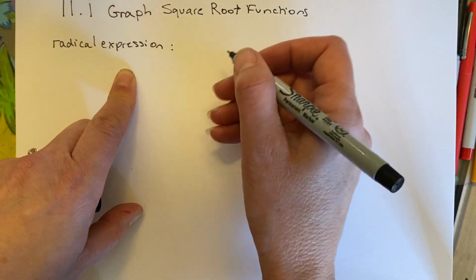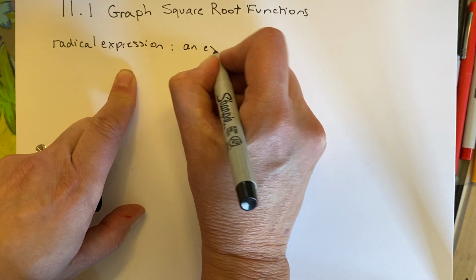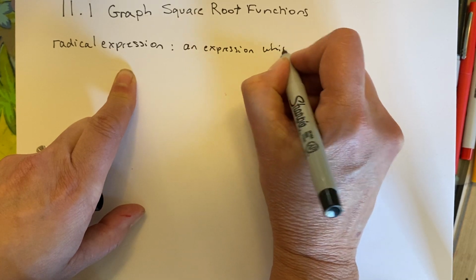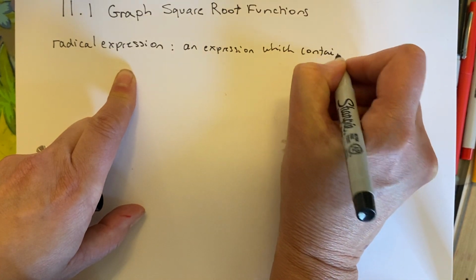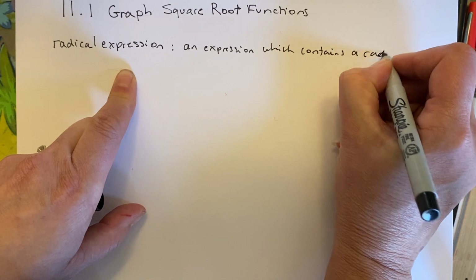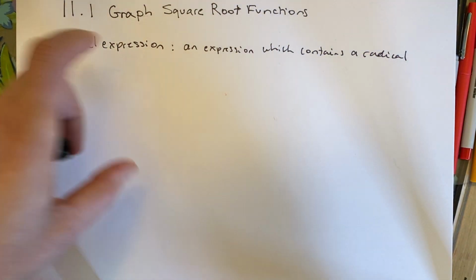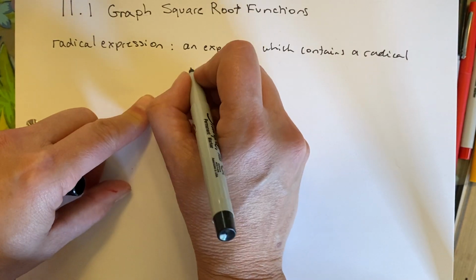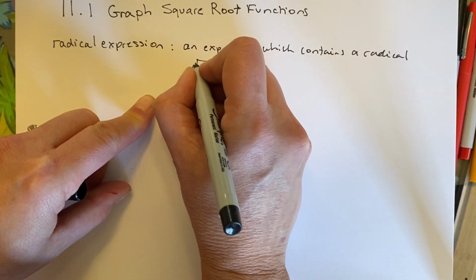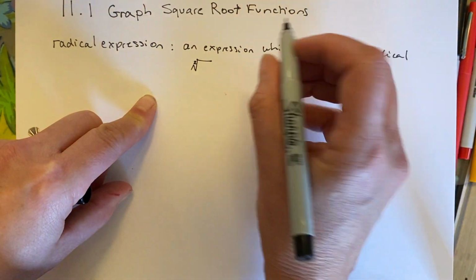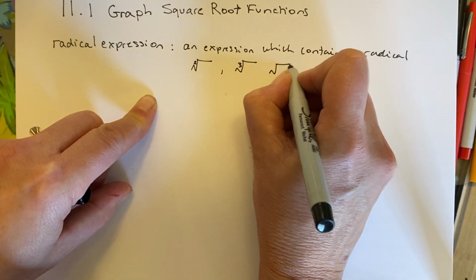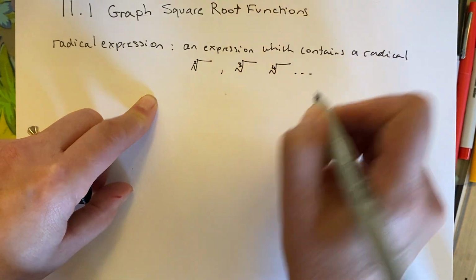A radical expression is an expression which contains a radical. Now, a radical can be a square root, but it can also be a cubed root. A square root has sort of a 2 that we don't usually write, but it's understood. Then a cubed root, a fourth root, etc.